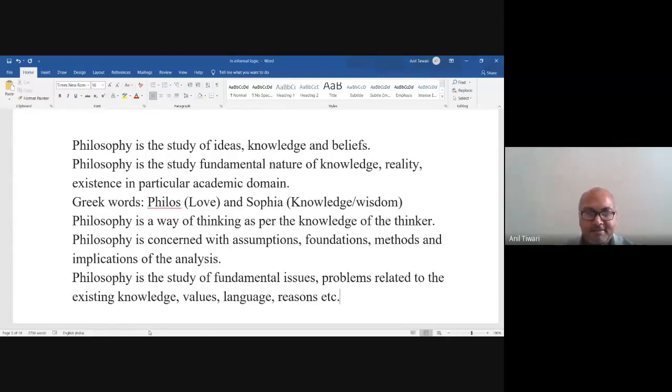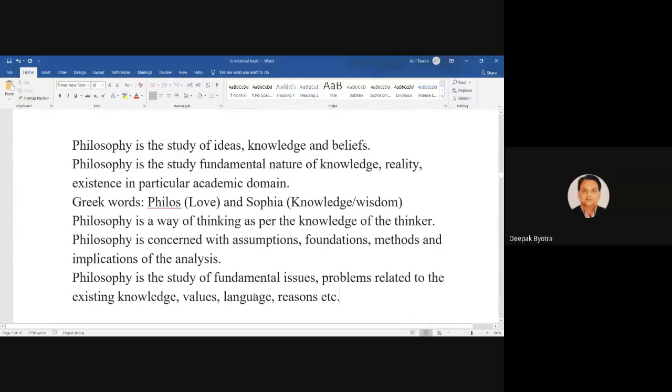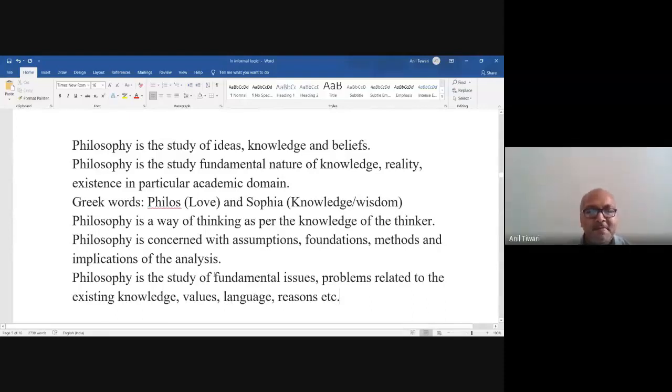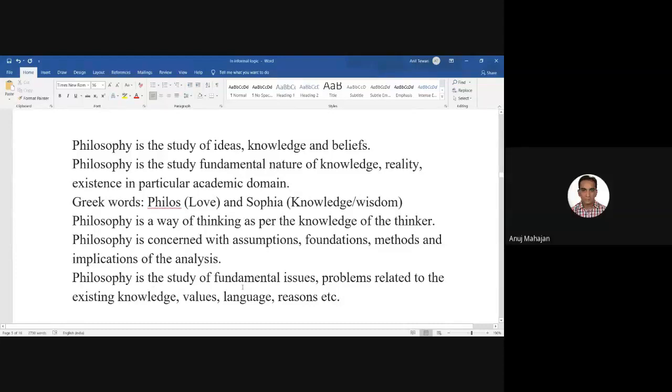Yes, yes. Nice. So Deepak ji narrated the topics which largely come under philosophical discourse. Right. Any more addition?